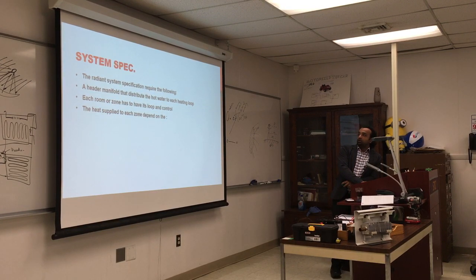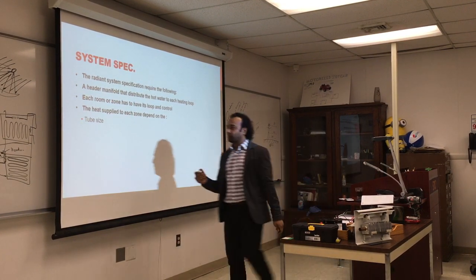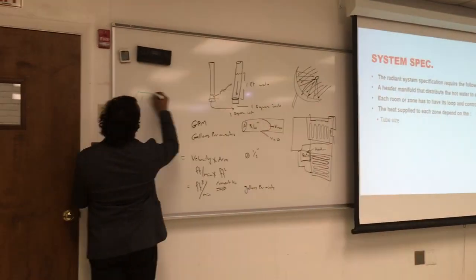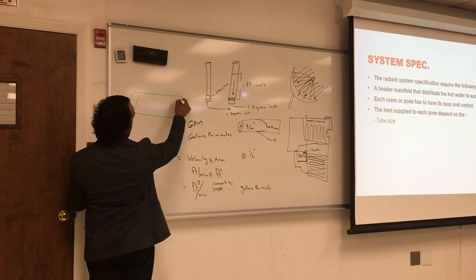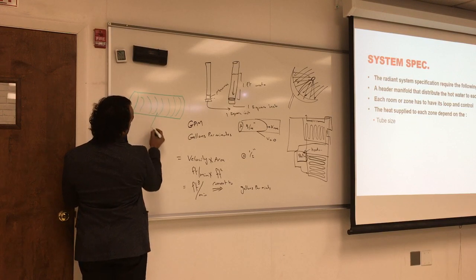The heat supply to each zone depends on tube size. How big do you want the tube? Why would that matter? Bigger tube means more heat. This is my tube. This is my surface area.